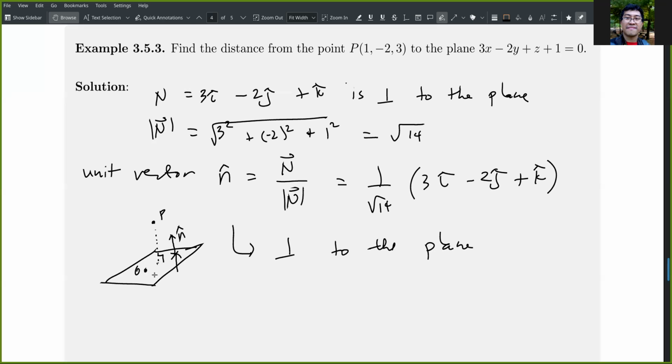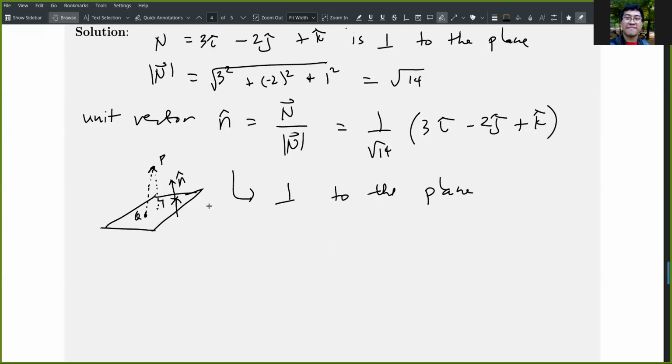Let's call that Q. So we can connect P and Q. Okay, so say PQ are connected, or let's say that is QP. That QP, we then project along this n direction by a dot product, and that would then give us this distance.